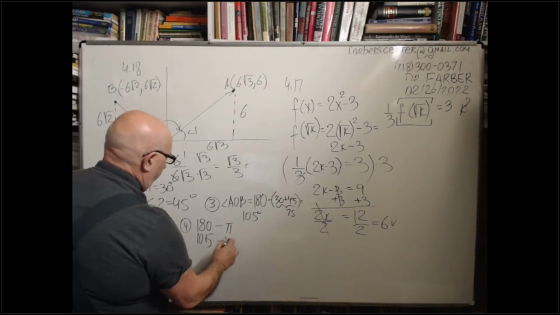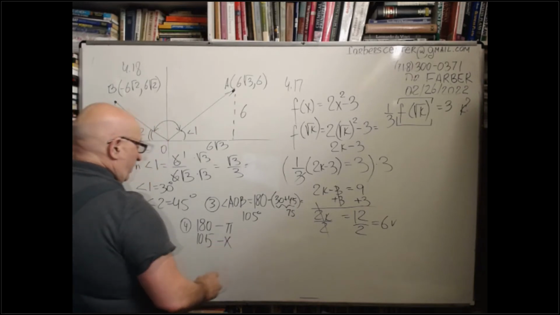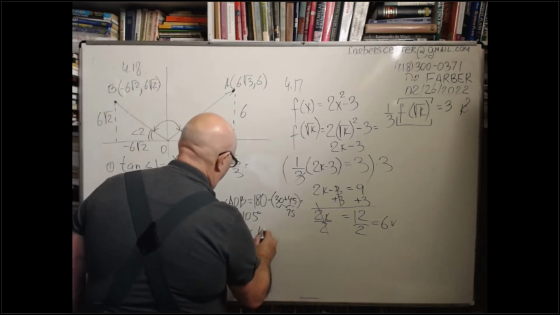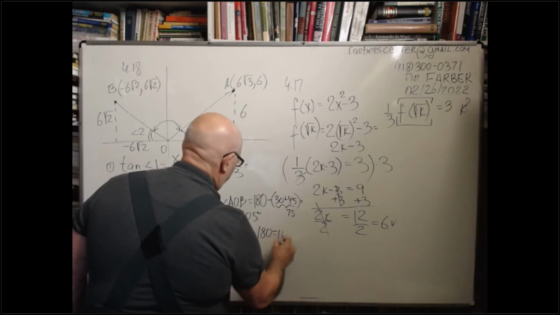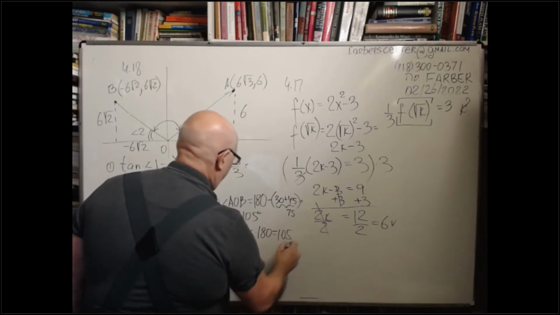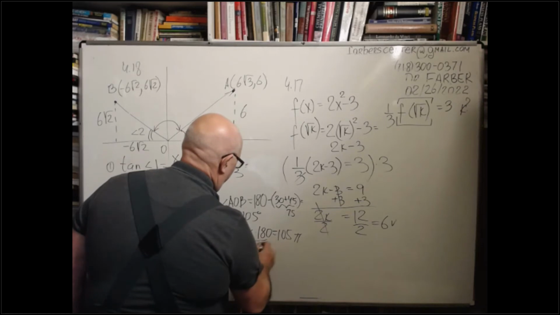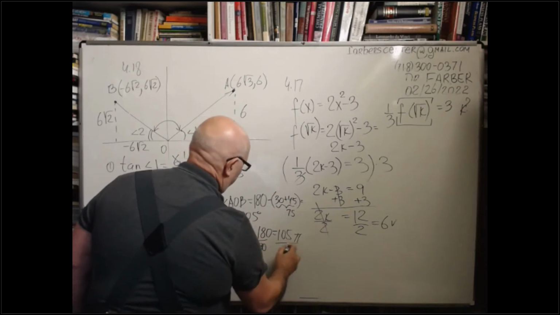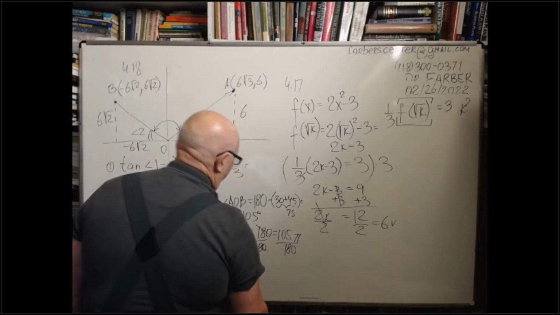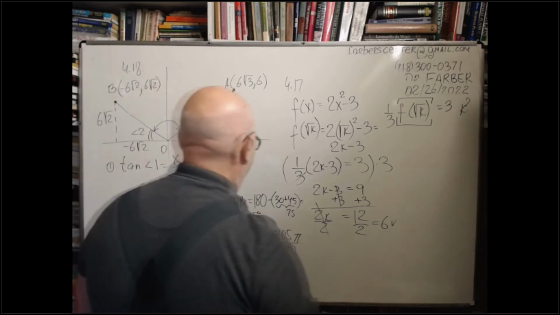I have no idea, so x times 180 equals 105 times pi. Divide both parts by 180, and you can simplify by 15, right?